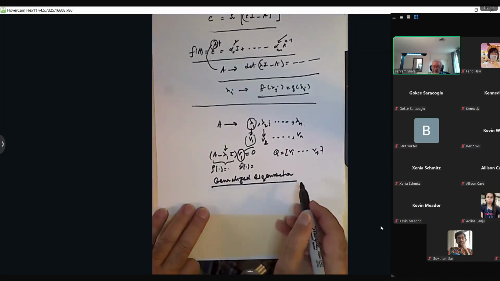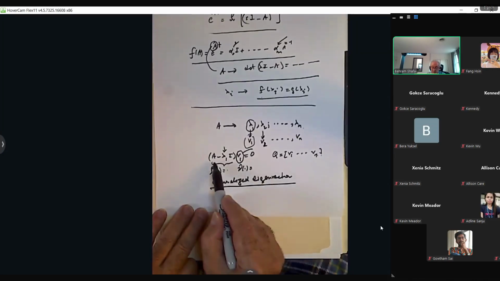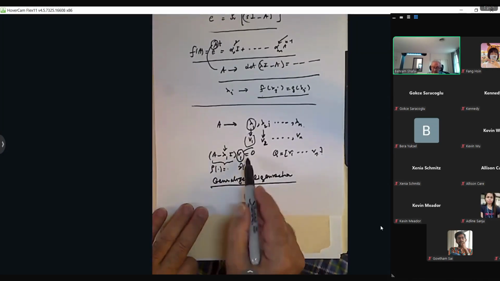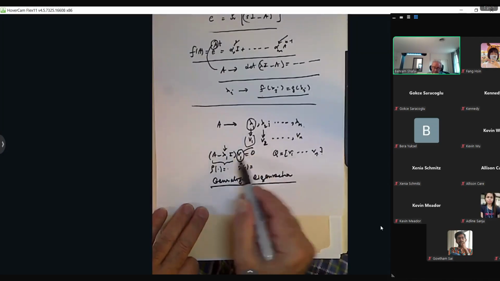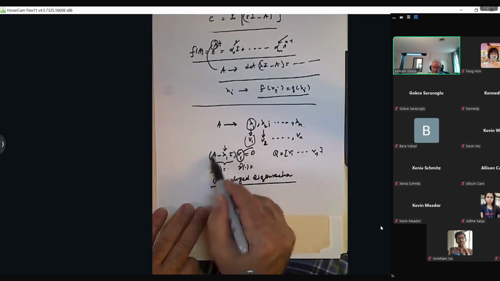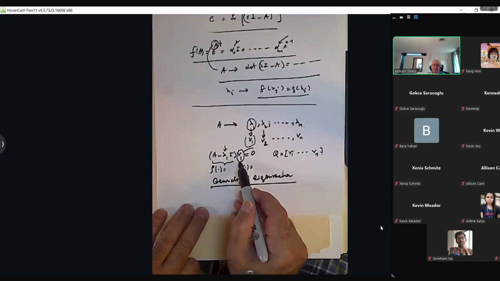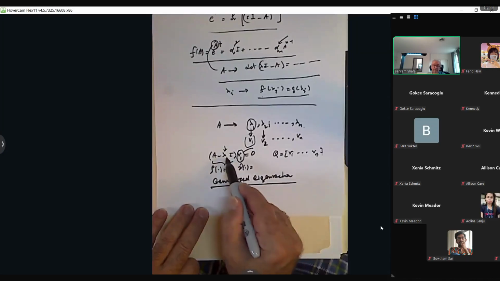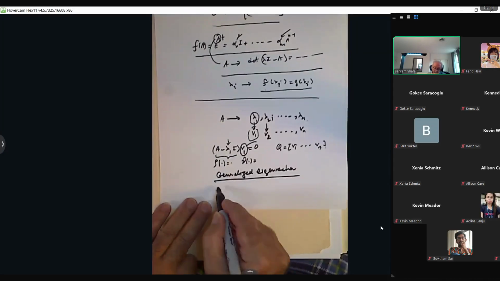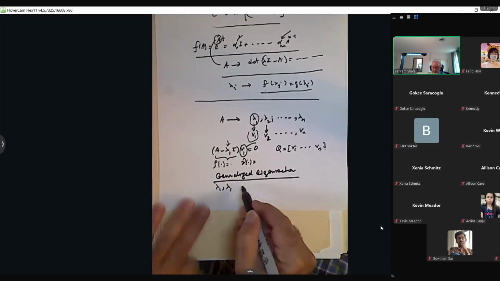The generalized eigenvector is in such a way that, to make it very simple, let's say this lambda 1 is repeated. If this does not generate enough linearly independent eigenvectors for these repeated eigenvalues, let's say you have lambda 1 with 2 eigenvalues repeated.